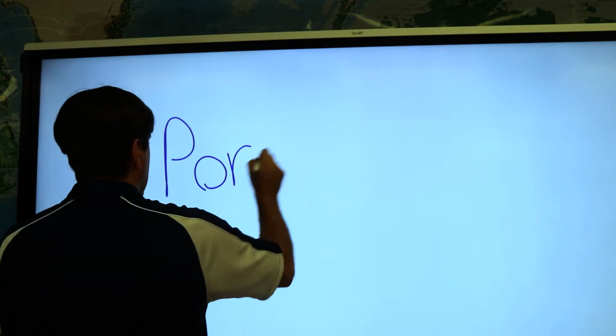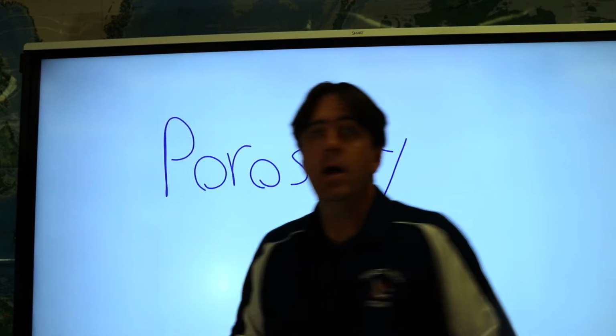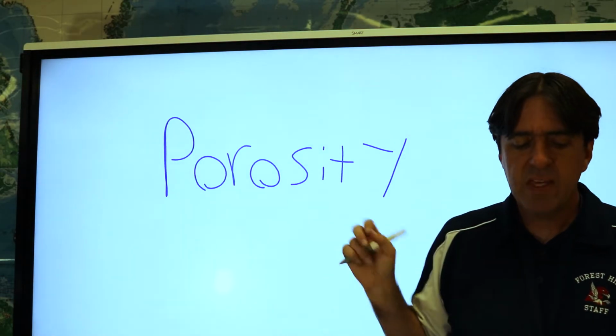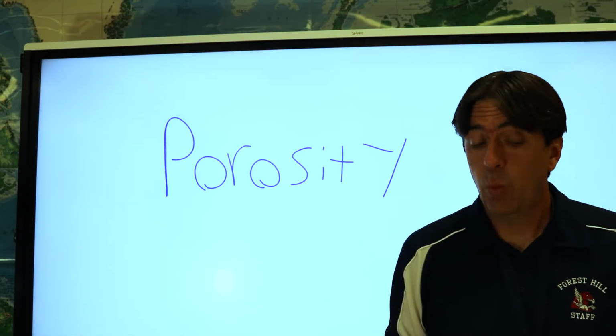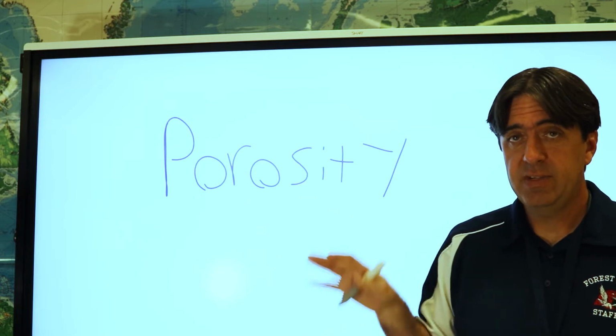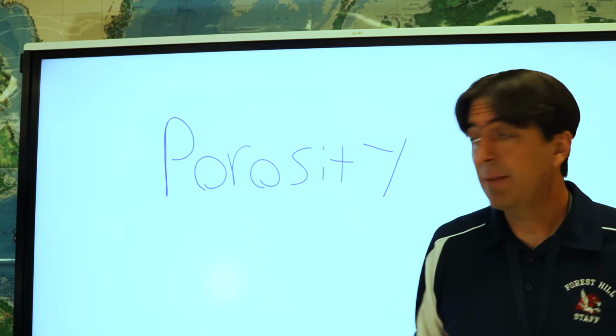Now the other term we want to know is porosity. Now porosity, we are talking about the amount of, in this case, water a substrate can hold based on the amount of empty space. Now this can also be air in a terrestrial habitat.